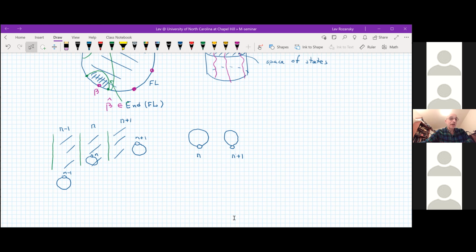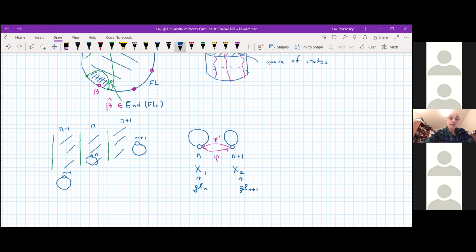So in order to describe a Lagrangian correspondence, I pick an auxiliary variety, which is this arrow and this arrow. Let's call them, I don't know, phi and phi prime. And here my base is described by matrix x1 and here by matrix x2. This one is from GL_n and this one is from GL_{n+1}.